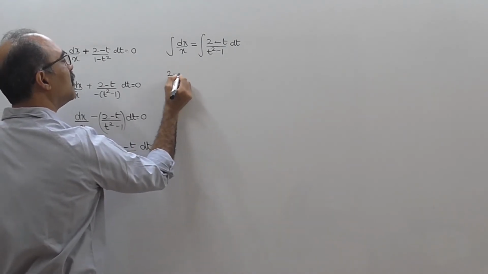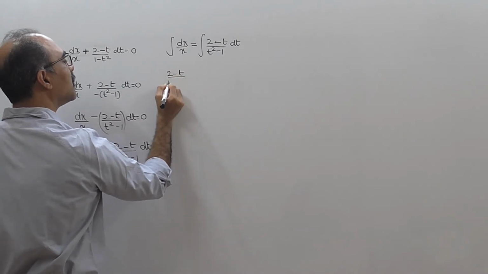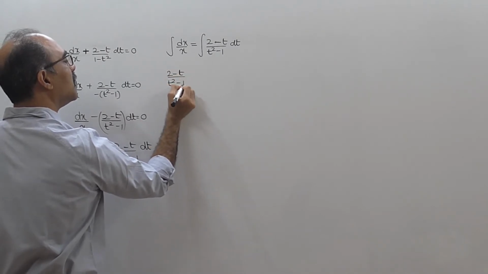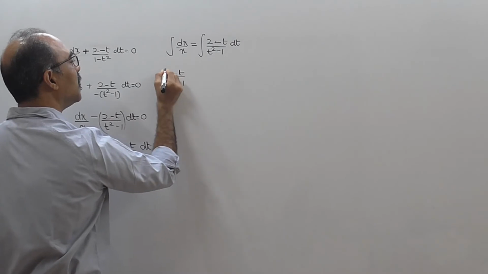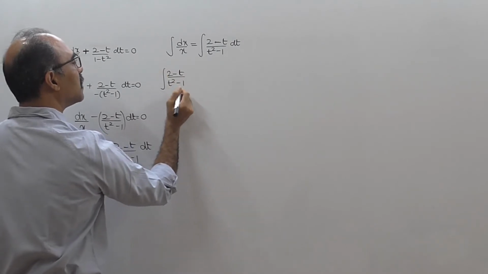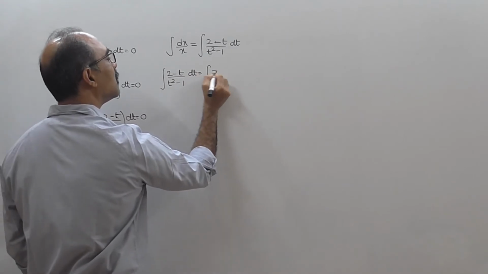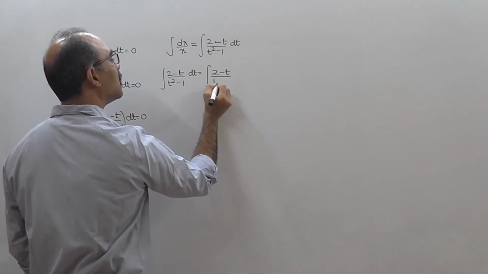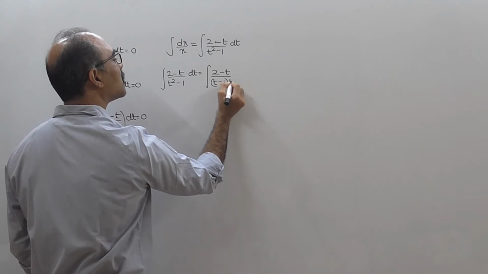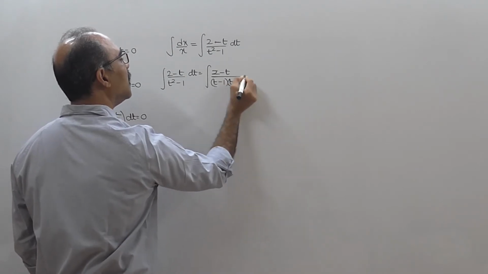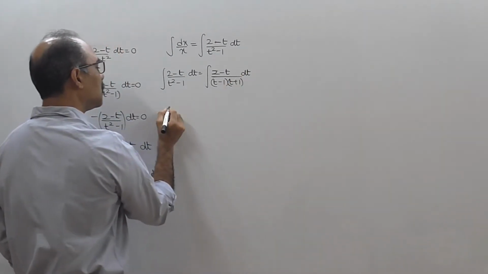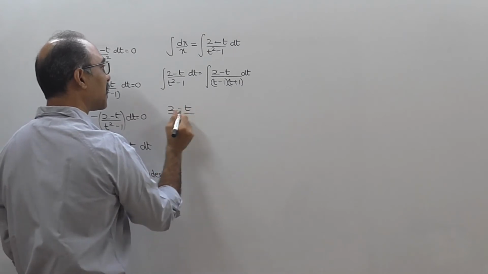So I will say that integration of 2 minus t upon t square minus 1, I can write it as 2 minus t the whole upon t minus 1 into t plus 1 dt. So we can solve this by using partial fraction.